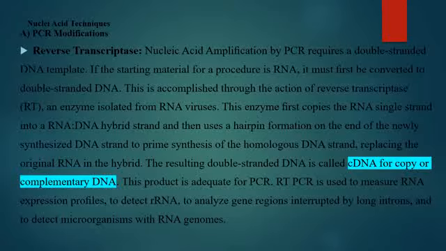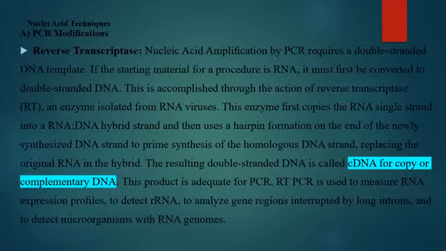Now, this product is adequate for PCR to take place. So you have formed a double-stranded DNA, that is the complementary DNA, which has been made from an RNA. Now, this product is adequate for your PCR. Reverse transcriptase PCR is used to measure RNA expression profiles, to detect rRNA, to analyze gene regions interrupted by long introns, and to detect microorganisms with RNA genomes.